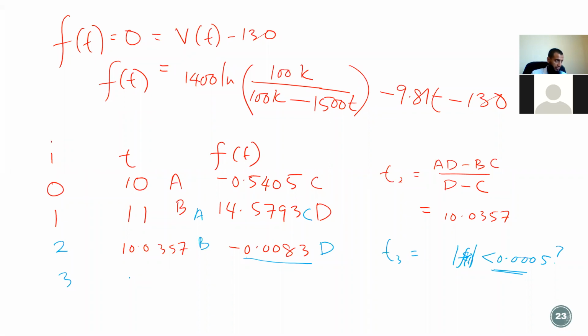So for iteration 3, we will get 10.0362, and then this one becomes negative 1.0009. It still has not reached the stopping criteria, so you need to proceed.